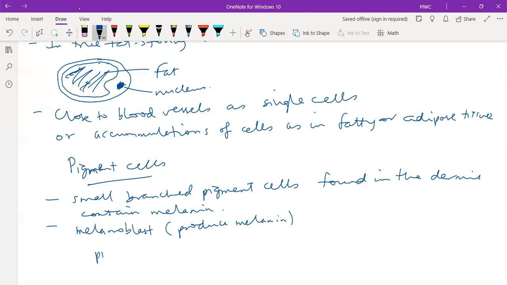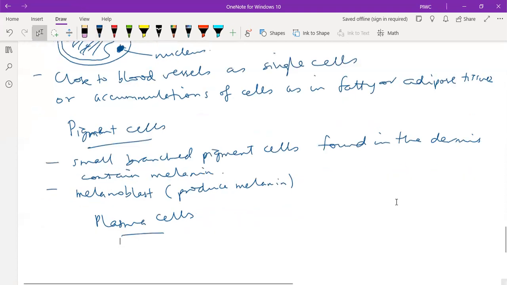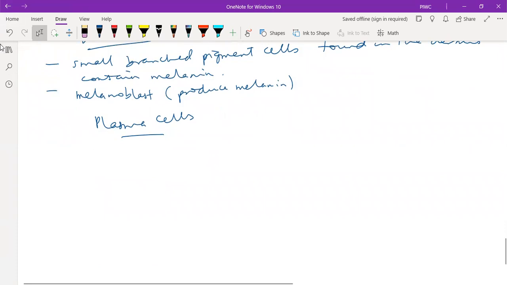Then we'll talk about the plasma cells. You find a lot of these in the lymphoid tissue.